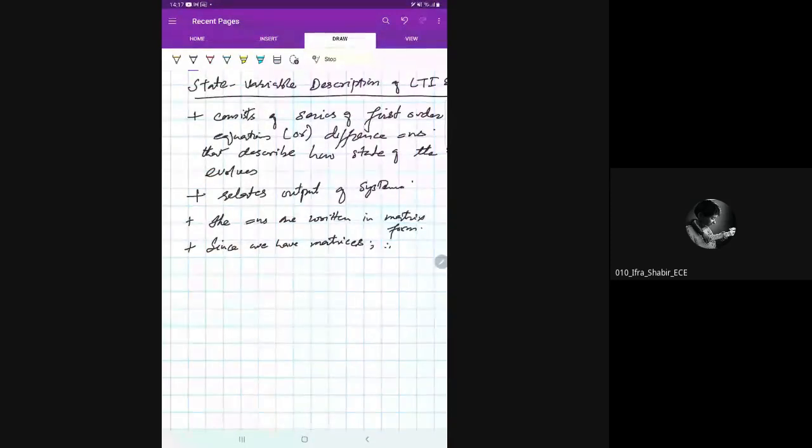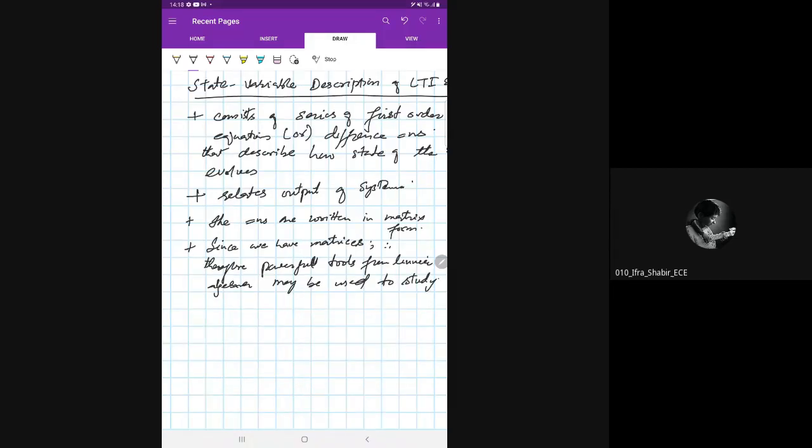So therefore, powerful tools from linear algebra may be used. We can use powerful tools from linear algebra to study the system, or even to design the system. ठीक है, हम इसको आगे देखेंगे कैसे, once we take examples.